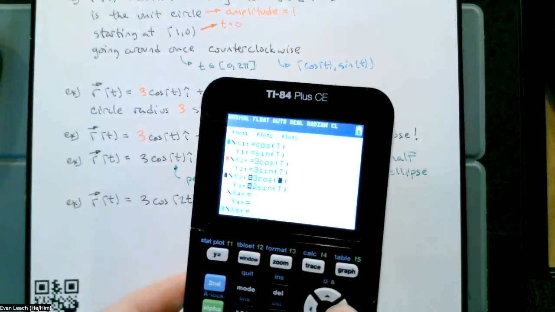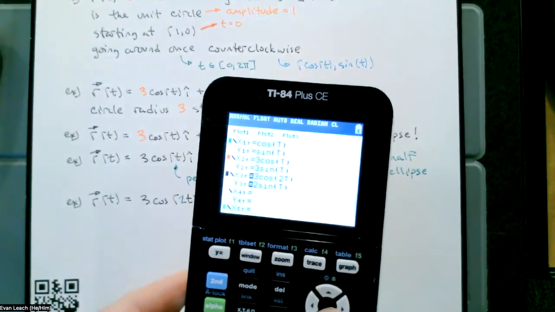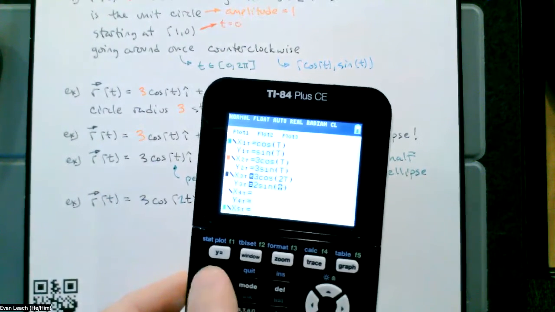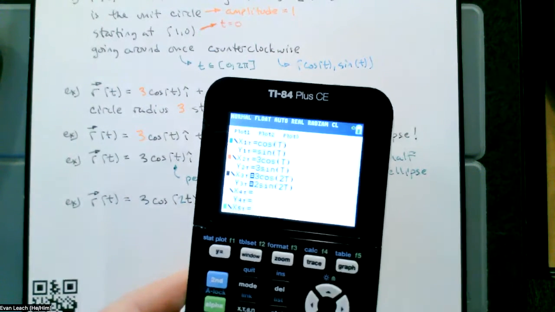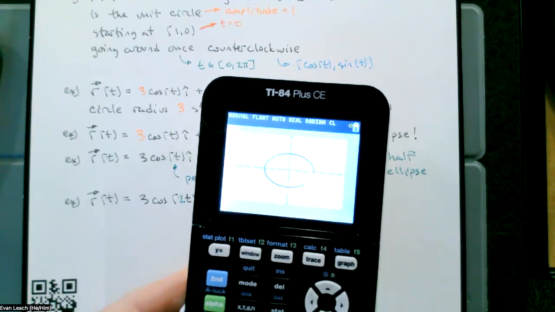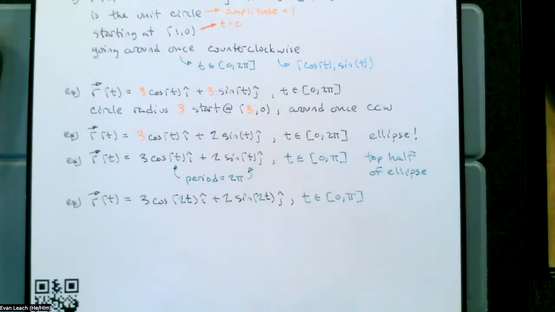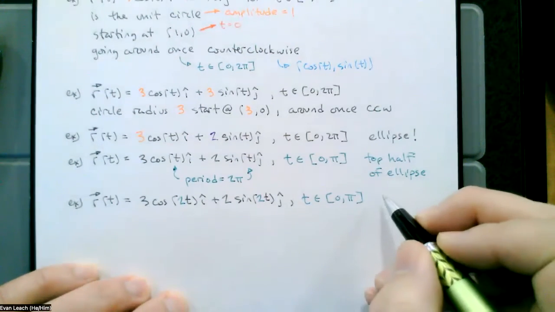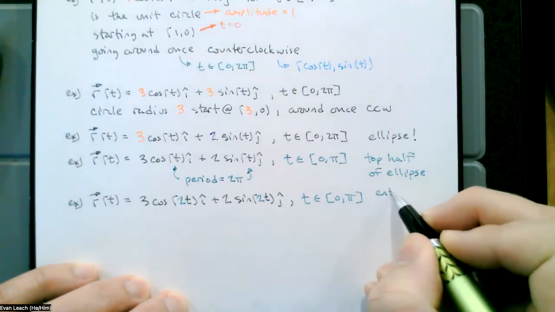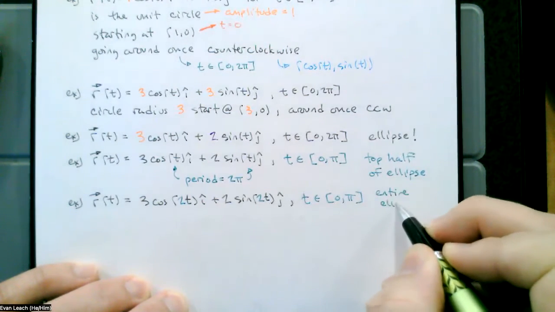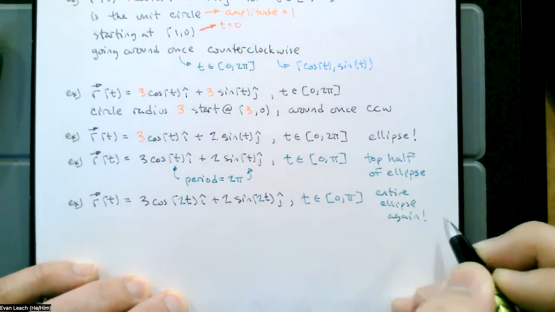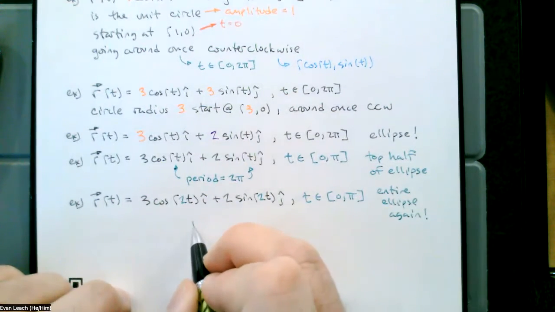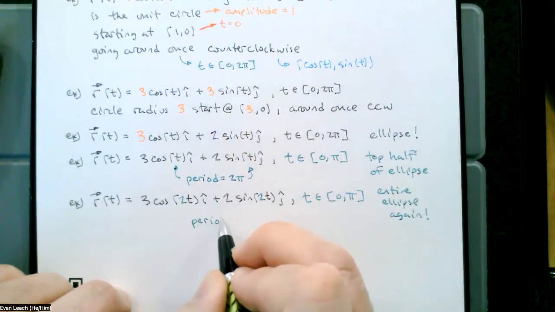Take a moment while I'm changing things and speculate what's going to happen. Now we got the whole ellipse again. And that's because we went in and adjusted the period.